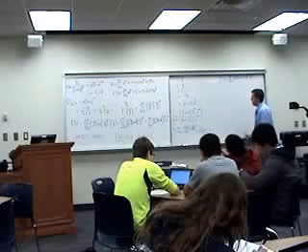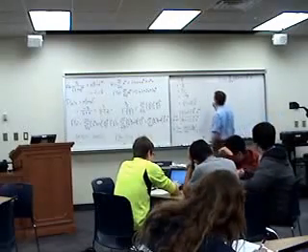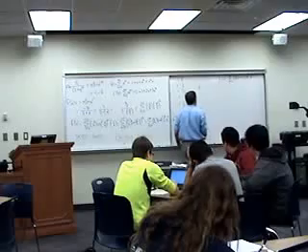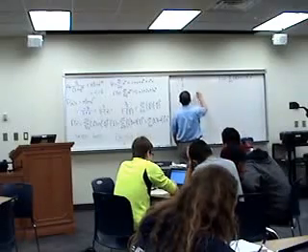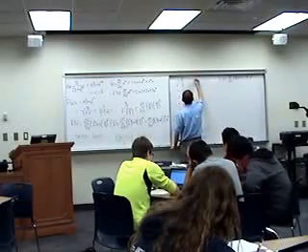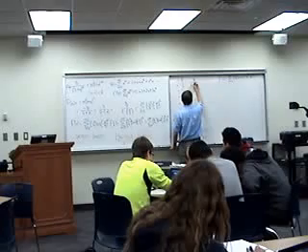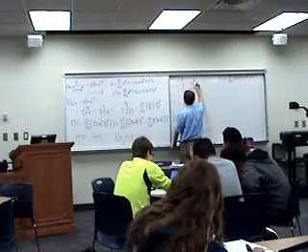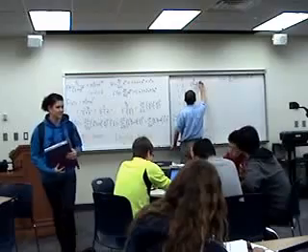So given that you have that, find a power series for 3 over 2 plus x cubed.